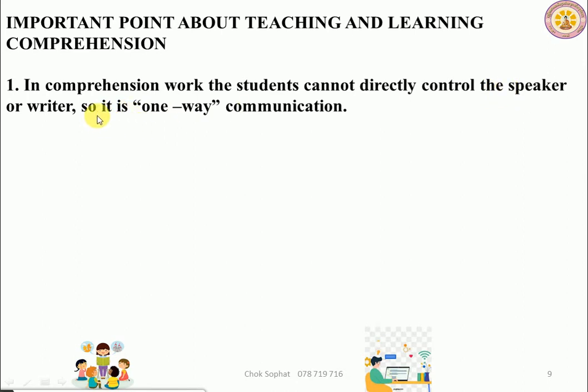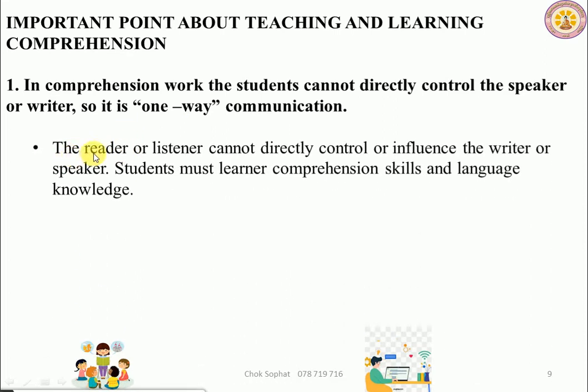In the audio, they cannot tell the speaker to slow down or to speak clearly. For example, the reader or listener cannot directly control or influence the writer or the speaker. Students must learn comprehension skills and language knowledge.